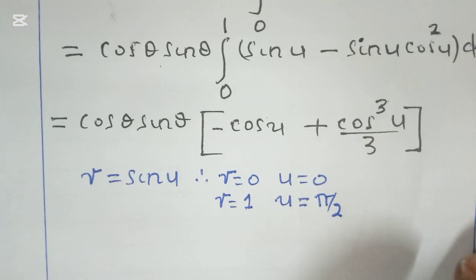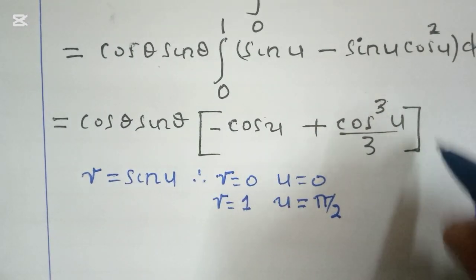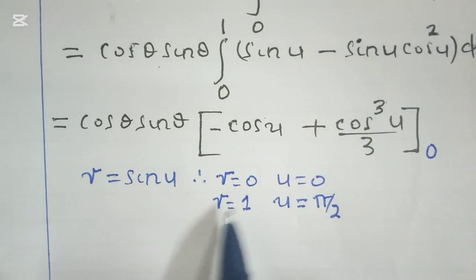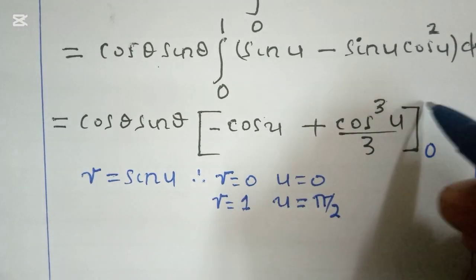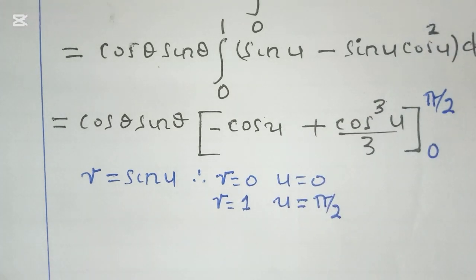So guys, now we come and replace for that, whereby this one you are going to have 0. That is the first U, and this is pi over 2. So let's do that and see what we get.